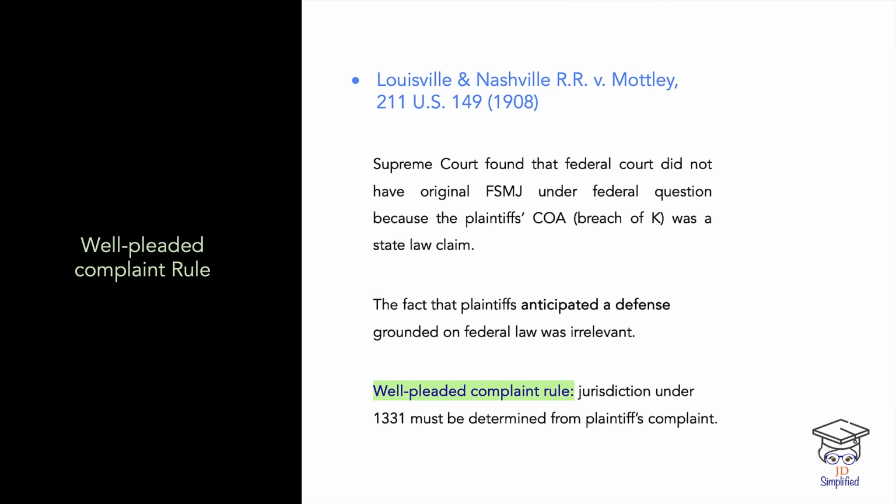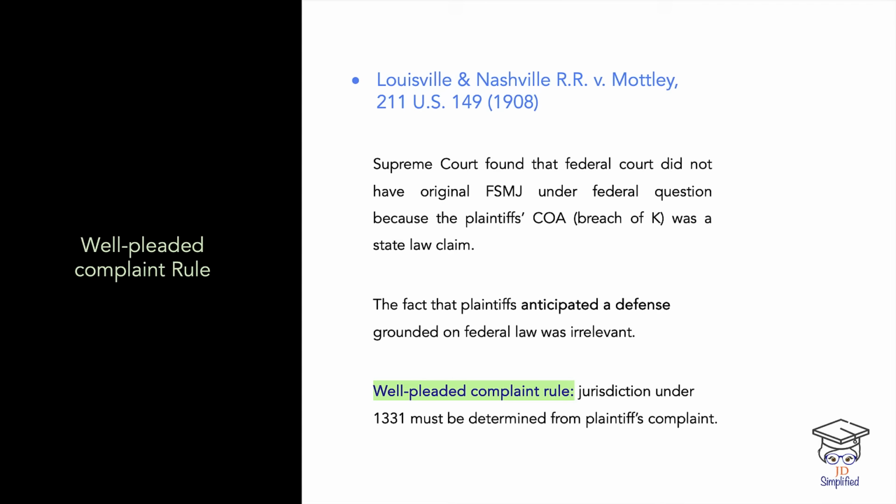This rule comes from the case of Louisville and Nashville Railroad versus Motley. Those from Kentucky, I don't know if I said Louisville right, because apparently it's not Louisville, Kentucky. Okay, I digress. In this case, the plaintiffs sued on a breach of contract claim, but they anticipated defendant to use a defense that was founded on a federal statute.